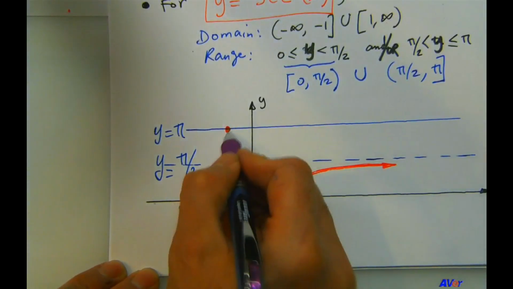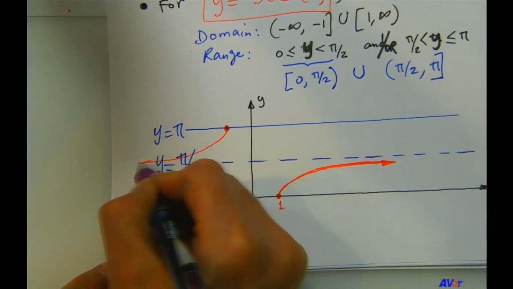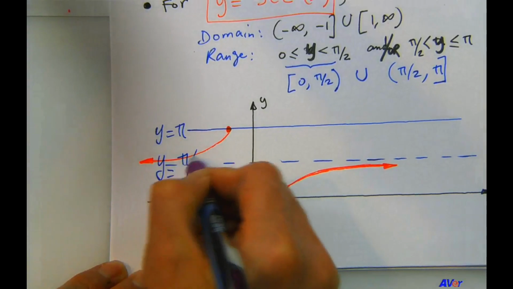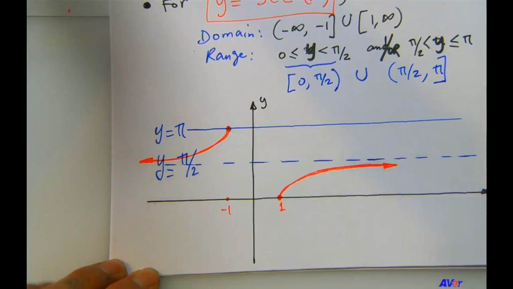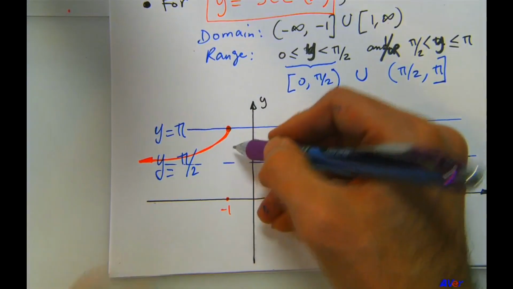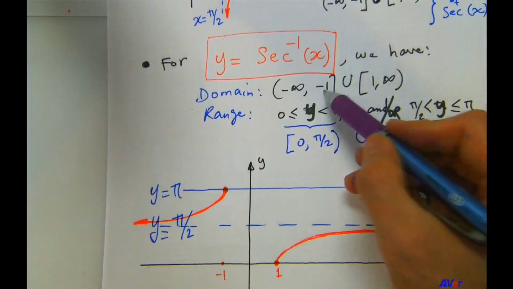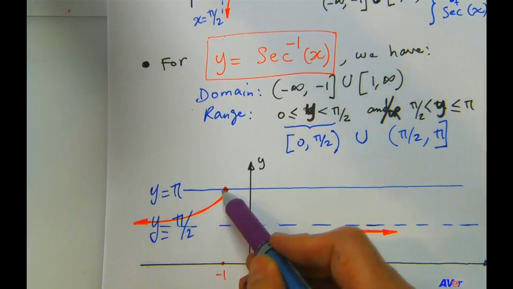So it'll be like this. Okay, so that's -1. That's that piece, negative infinity to -1.